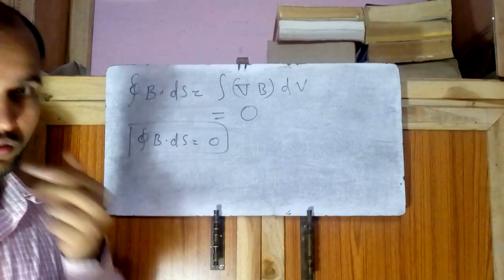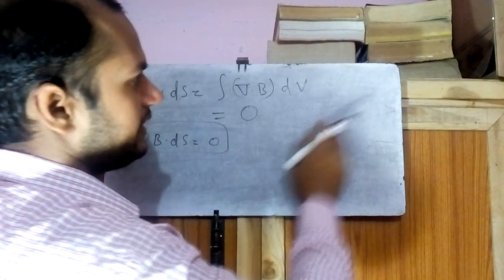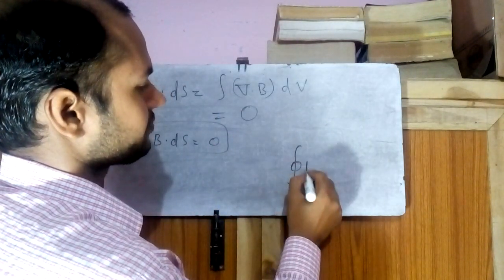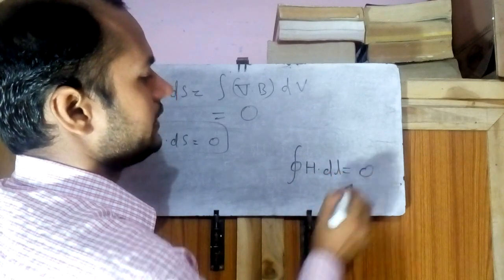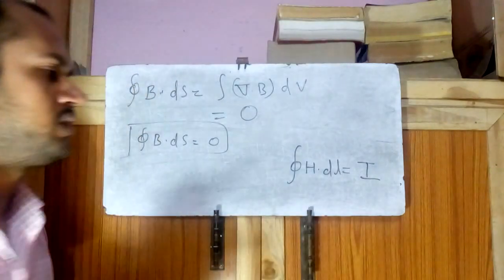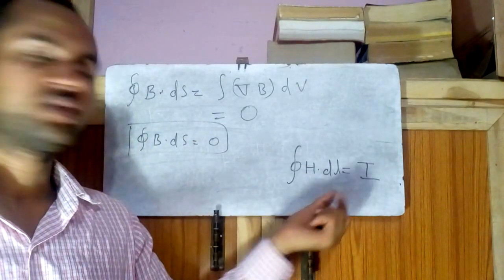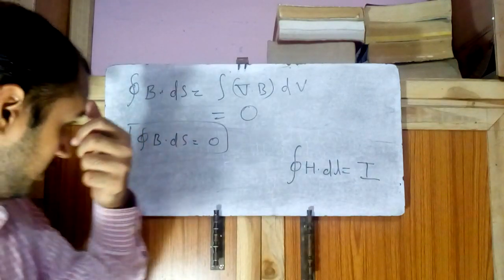But how? Let's see. This is only to understand, not written or told anywhere. Just consider closed integration of H dot dl is I. It is Ampere circuital law.